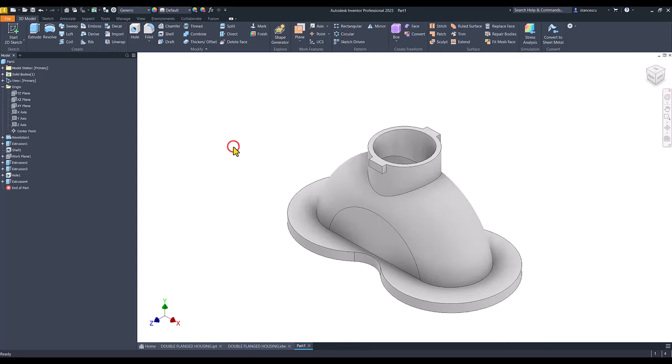We use this parametric software and we can go back anywhere in the past. Good.